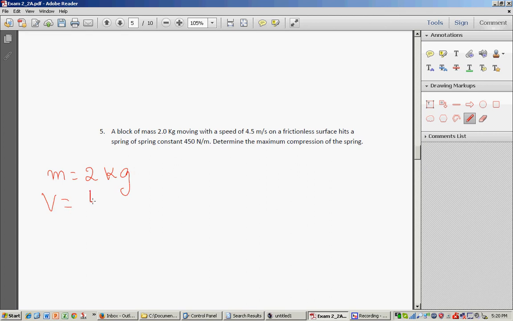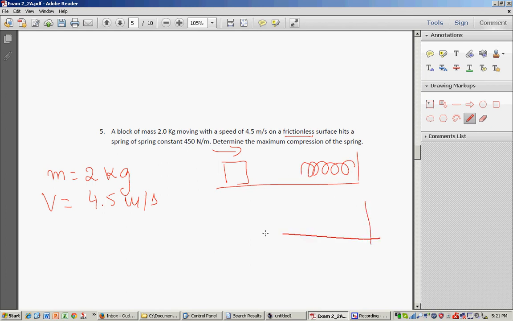The last problem: you have a block of mass 2 kilograms that moves with a speed of 4.5 meters per second. The surface is frictionless, right? There is no friction, and the block is moving to the right, and right there is a nice spring.